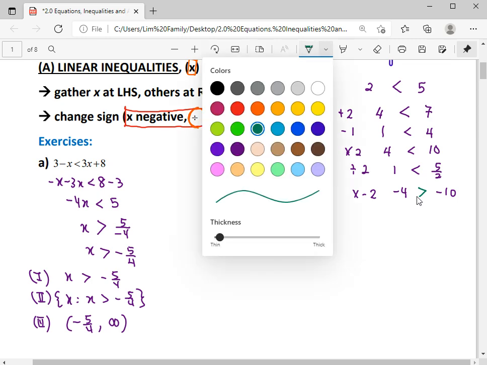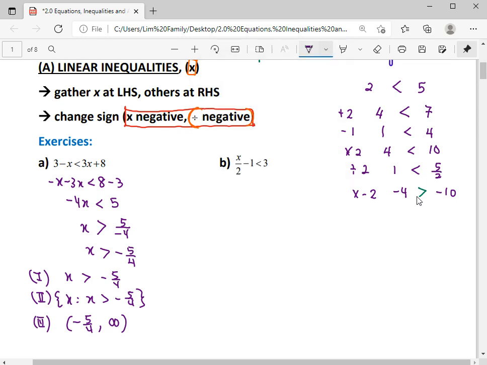Alright. So we still can see what if we divide. If we divide by -2, this left hand side will become -1. This right hand side will become -2.5. So obviously -1 is greater than -2.5, it's not less than.